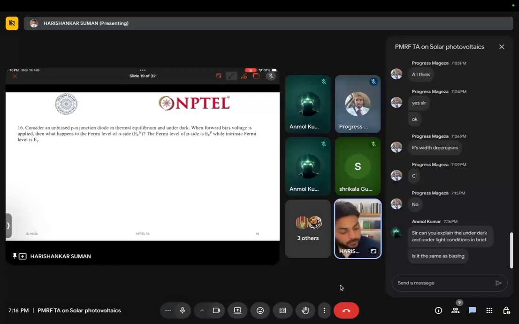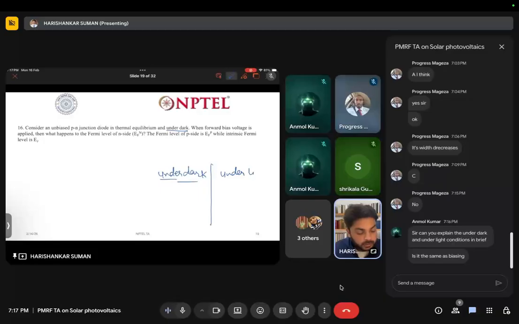Let me give you more detail. Dark and light are two different things. Under dark, and the other will be under light or illumination.